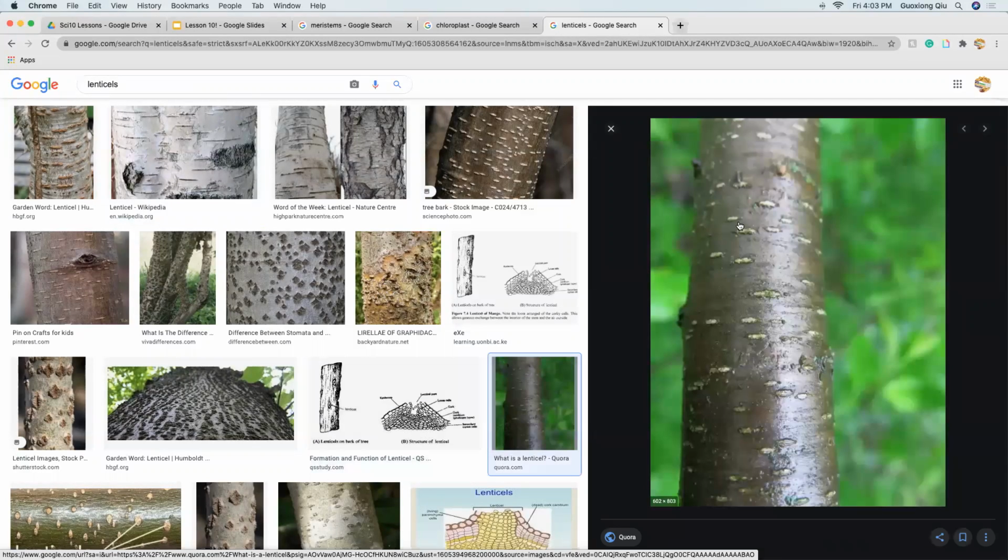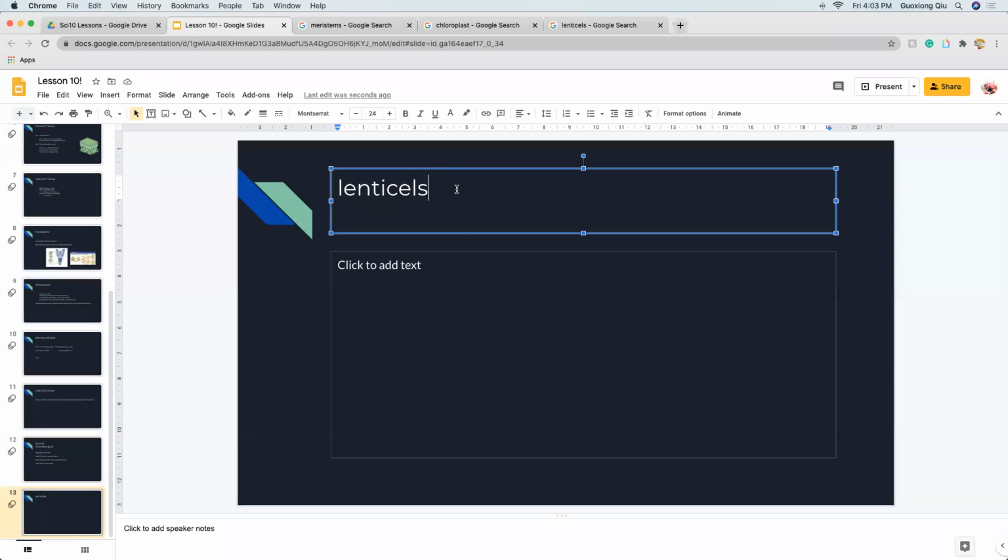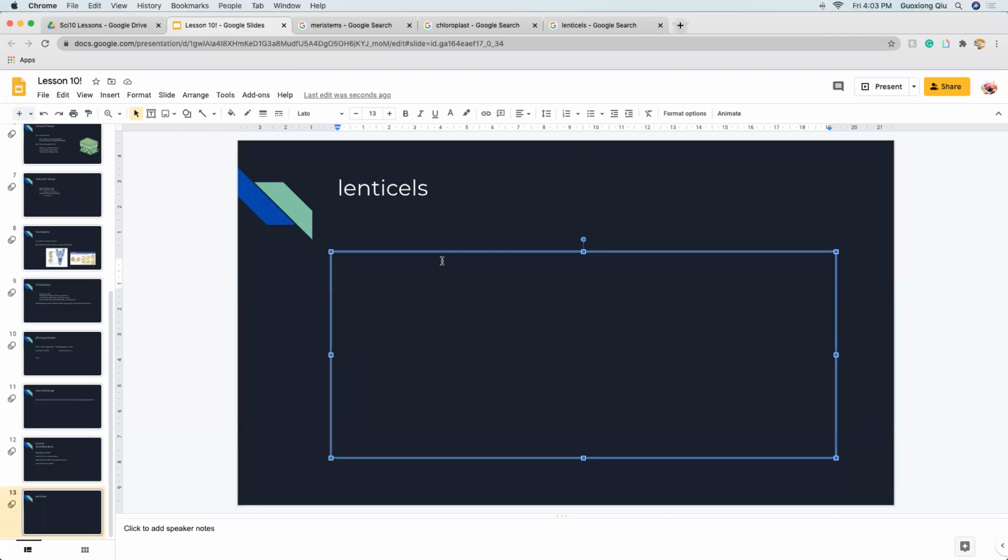So here we have the usually, yeah, you get what I'm saying here. Lenticels. Cuts, they're like scars in the tree. They look like cuts. They are just openings on tree stems or bark.